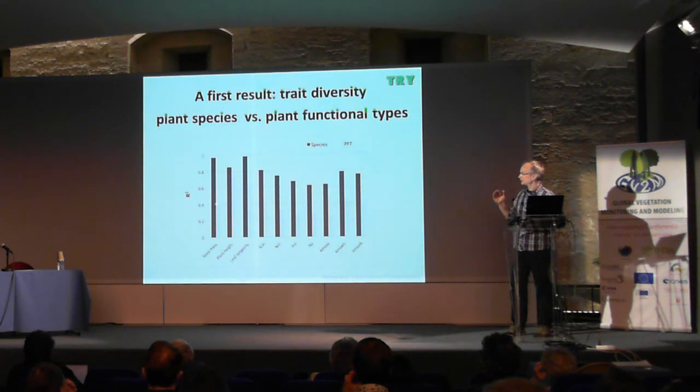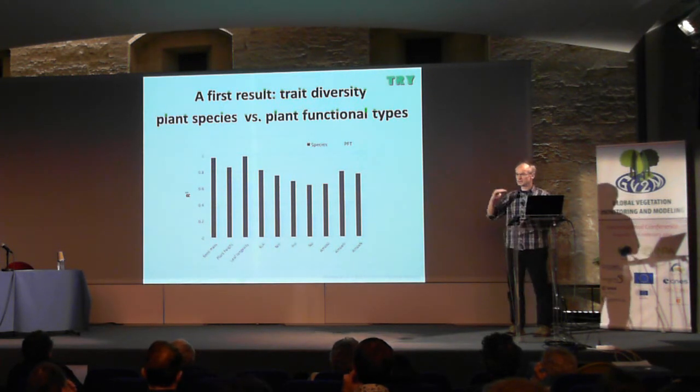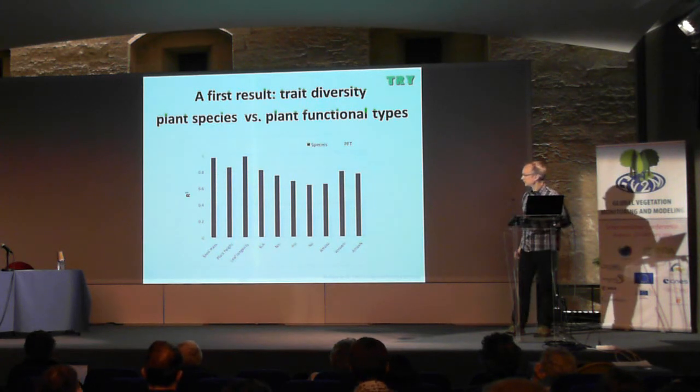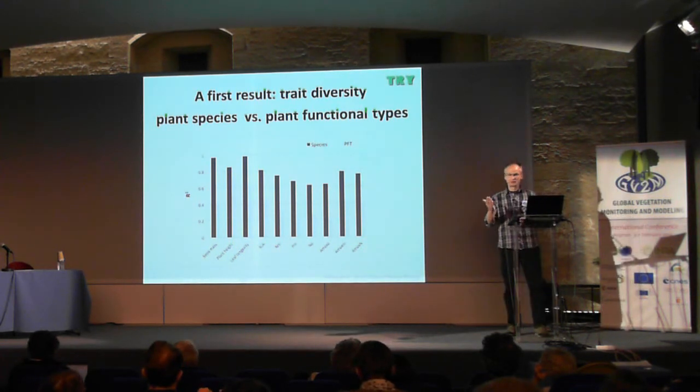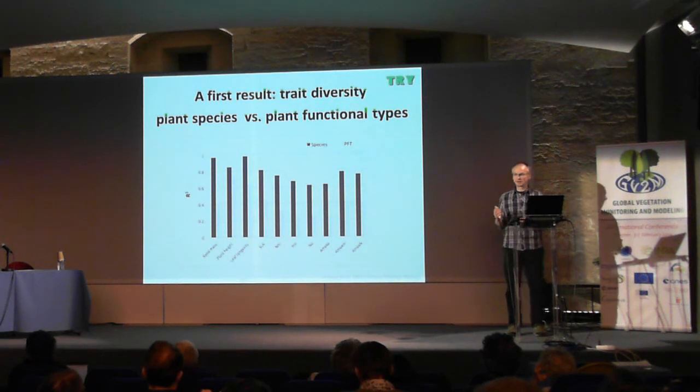But within PFTs, you see that for some traits a lot of difference is represented between PFTs, but for some of the important traits like leaf nitrogen content, leaf photosynthetic capacity or phosphorus content, only 30% of the variation is represented between PFTs, and 70 to 80% of the variation is within PFTs.